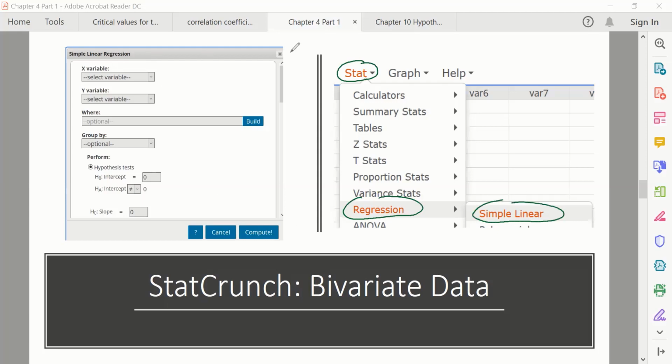And what opens up is here. So this is number 1. This is number 2. You're going to pick which variable is your X variable, this is your explanatory. And which variable is your Y variable, which is your response. And you click compute. So you just have to look for the word regression.